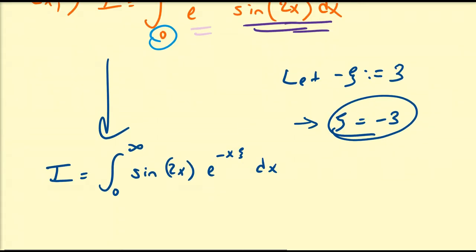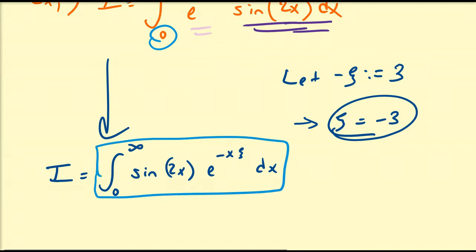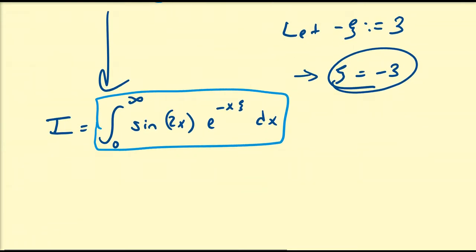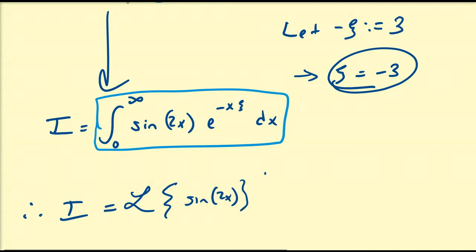So what I've done here is I've rewritten the original integral as a Laplace transform of some function. So that means I is actually equivalent to finding the Laplace transform of the function sine of 2x evaluated at the value psi is equal to minus 3.